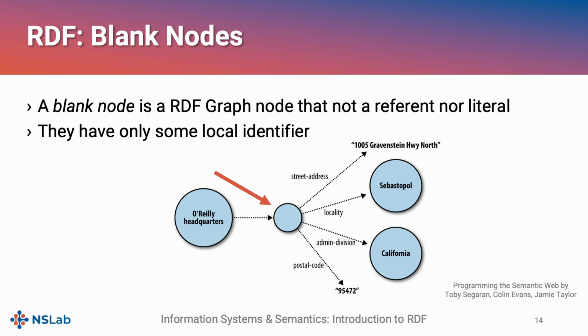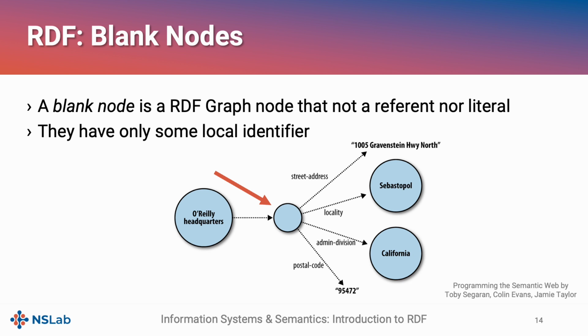A blank node is a node in an RDF graph that is not a referent and also not any literal. So it's something that does not have some identifier. It can have just some local identifier in a file or in a database. But we do not use this identifier to refer to it from outside.